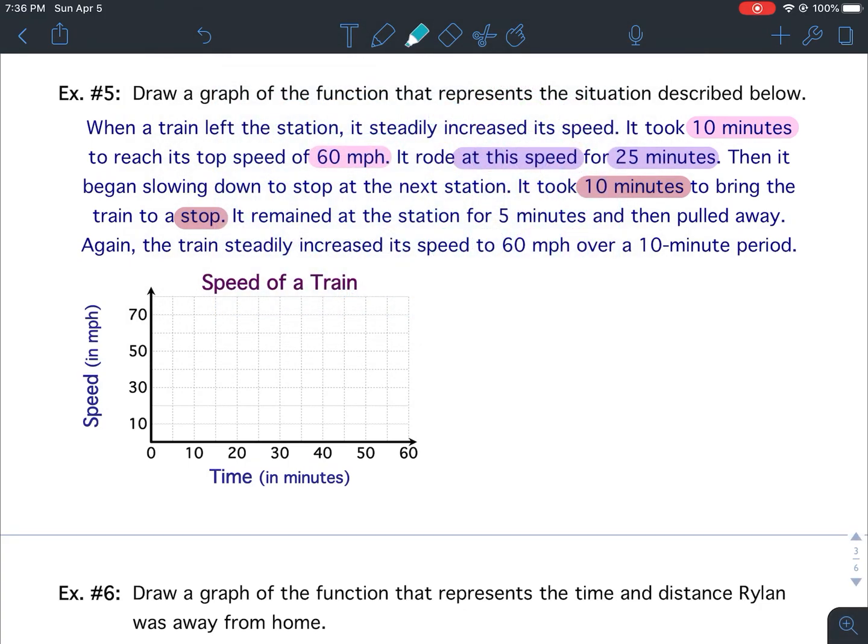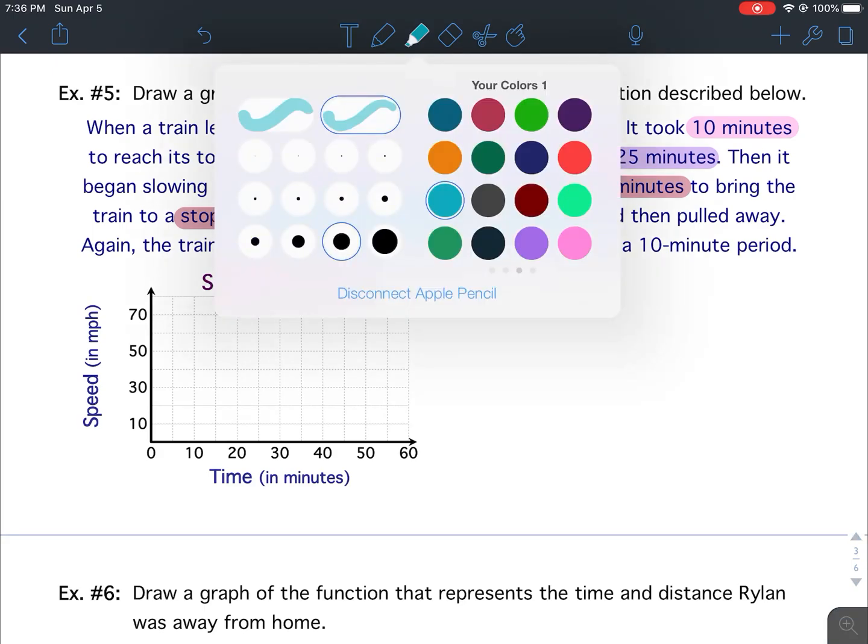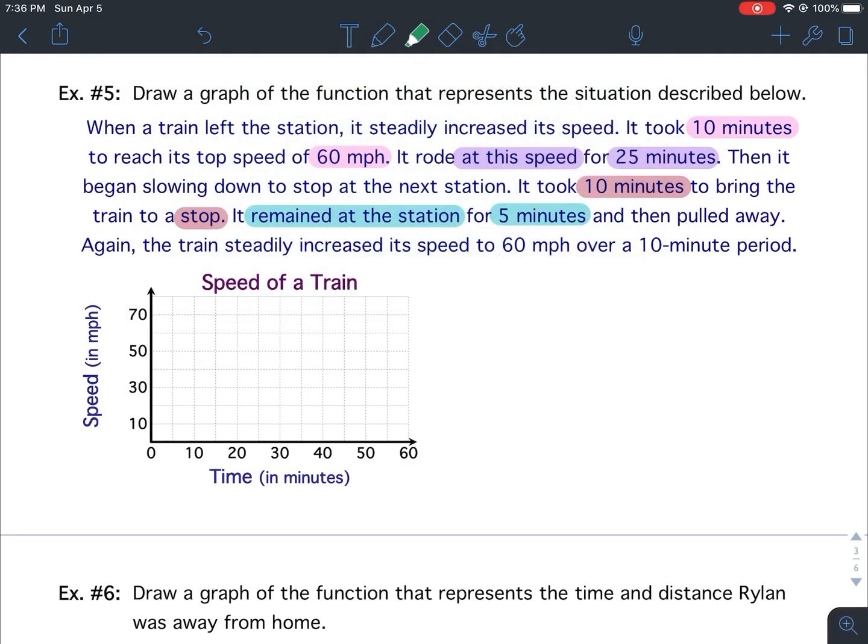Then it remained at the station for 5 minutes. And then it began to increase its speed again to 60 miles per hour over a 10-minute period. Okay, so now we're going to start to underline stuff. So how about underline your 10 minutes and your 60 miles per hour.